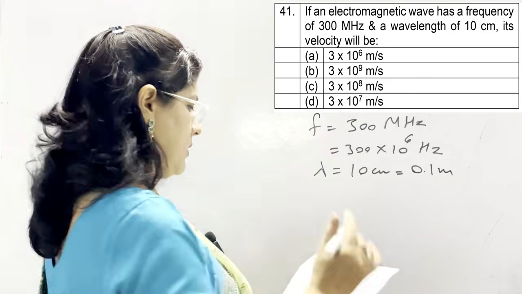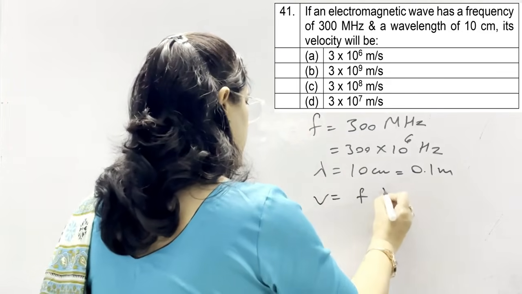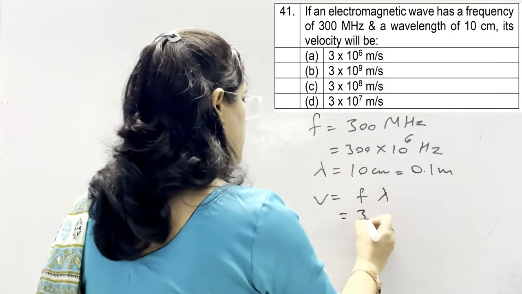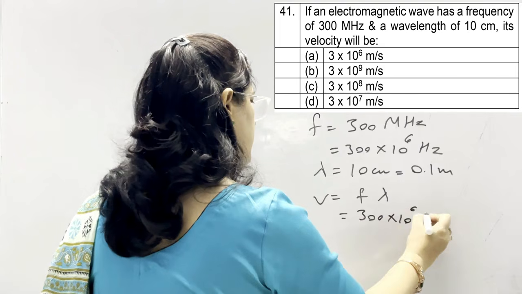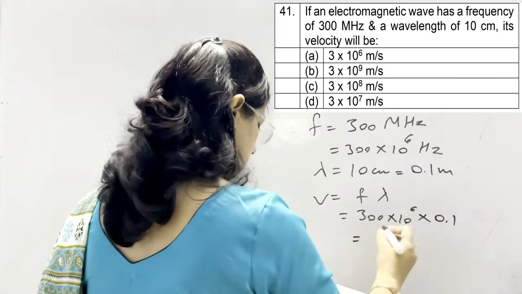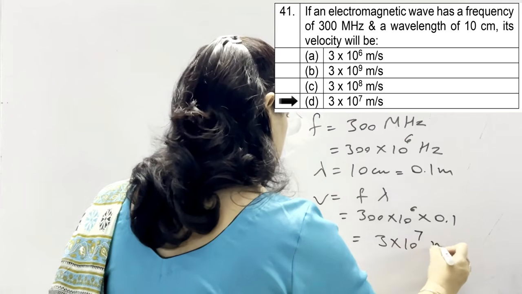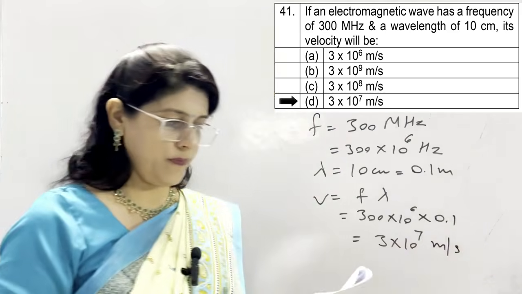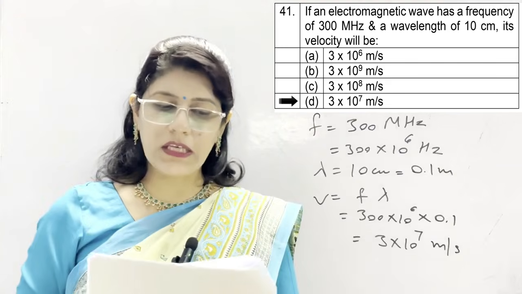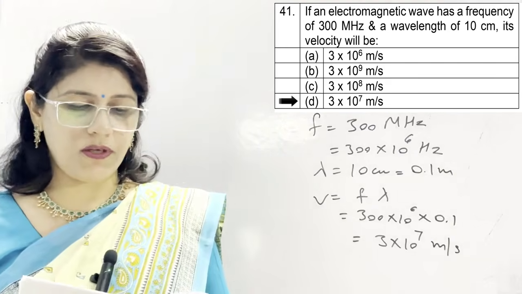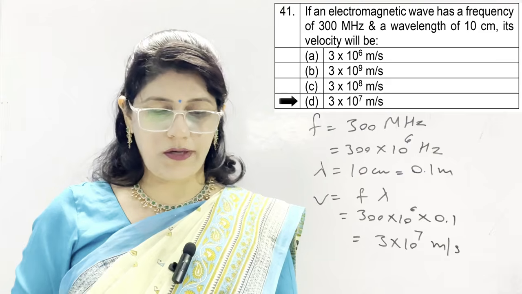Now its velocity, v is equal to f lambda. We just need to multiply these two values and the answer comes out to be 3 into 10 raised to power 7 meter per second. So correct option is D, which is 3 into 10 raised to power 7 meter per second. Other options are incorrect.